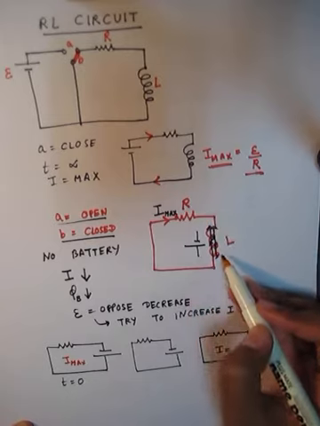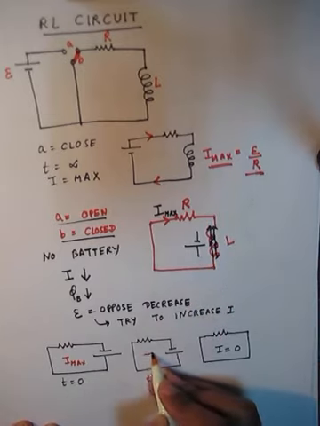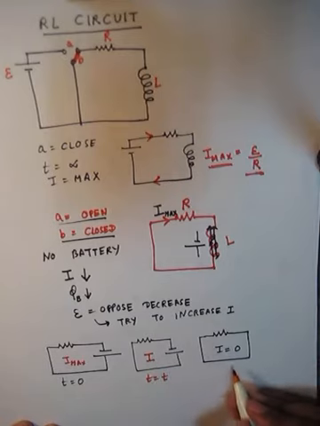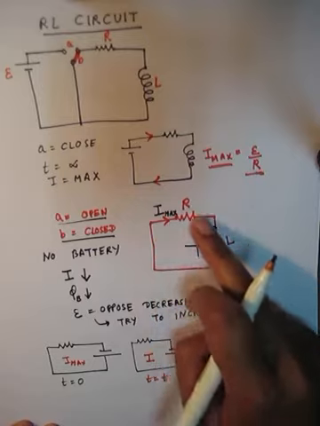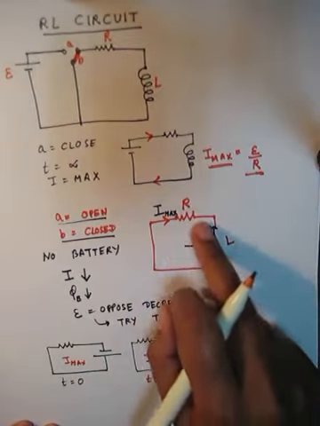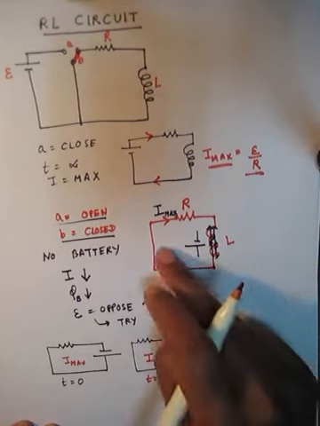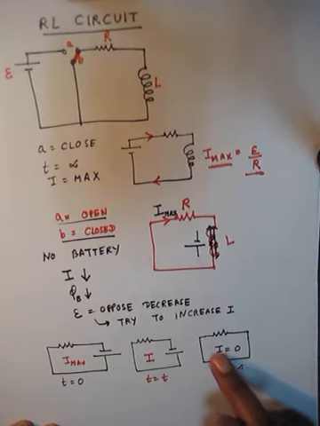As time increases, the current decreases, and at time infinity the current has decreased further, because there is no external battery in this circuit which can supply the potential difference. So it will tend to have zero current at infinite time.